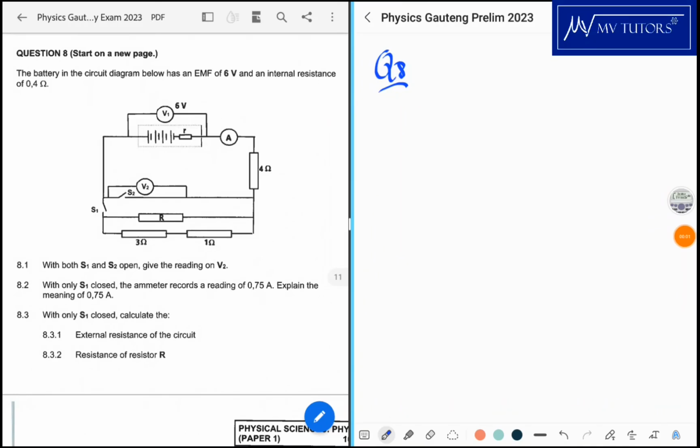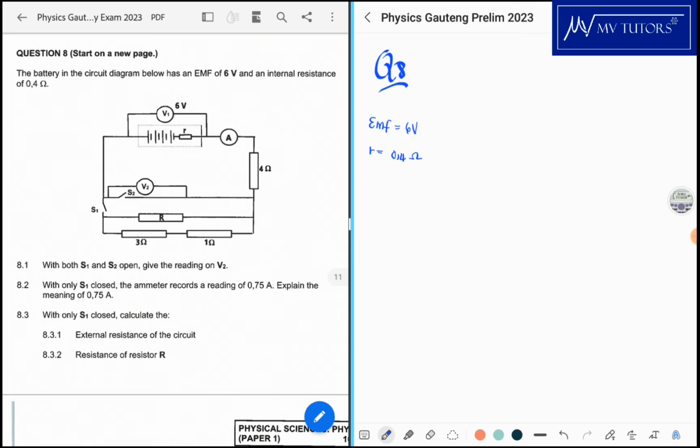Question 8. The battery in the circuit diagram below has an EMF of 6 volts. I'm just going to write that down. EMF 6 volts and an internal resistance, so small r, 0.4 ohm. Right, so we see the circuit here.